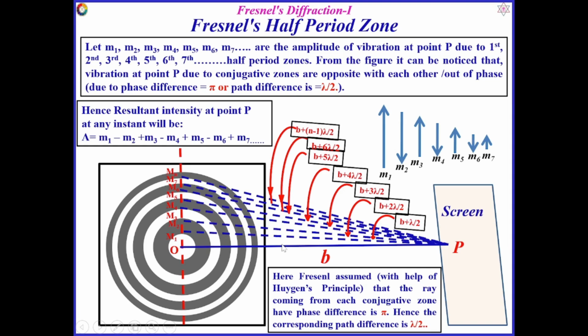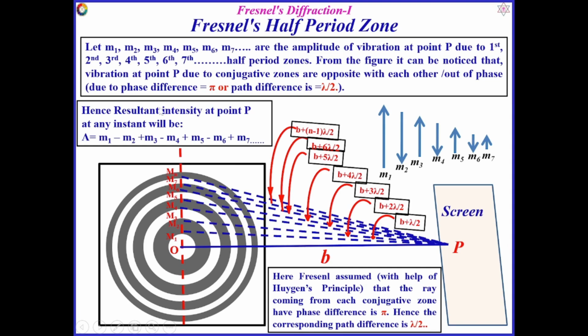The path covered by the light coming from the first half period zone is b, and the light coming from the second half period zone is b plus lambda by 2. So the path difference will be lambda by 2. Now the corresponding phase difference is pi.